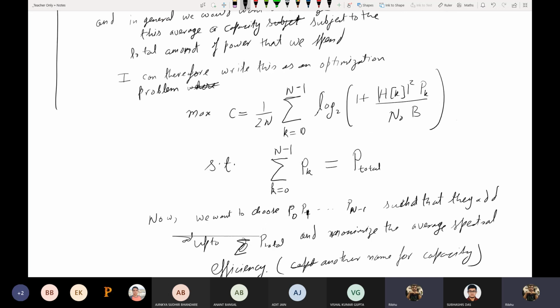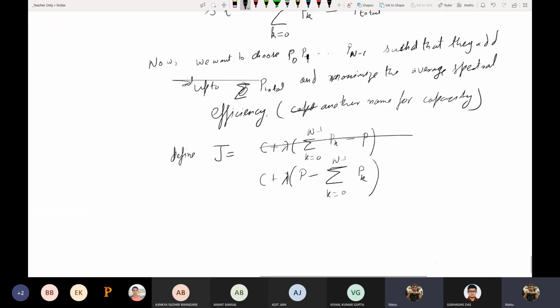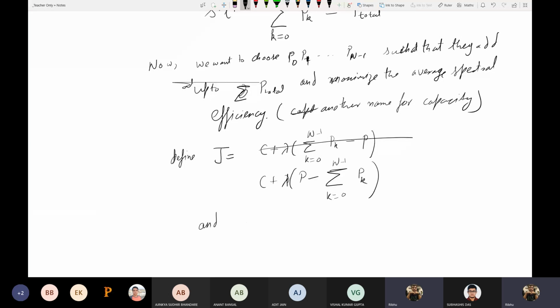For now, P here is the total power, P total.